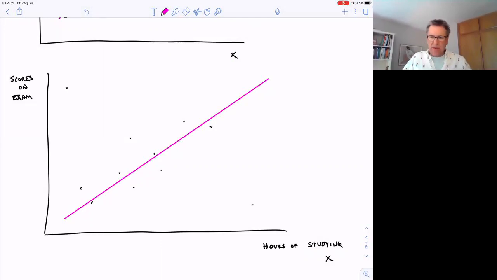Now, this doesn't mean for sure that studying for an exam helps the exam score, but it does lend some support to that idea that hours of studying, more studying, increases the score on the exam. So it might be that X causes Y, but we can't say for sure.